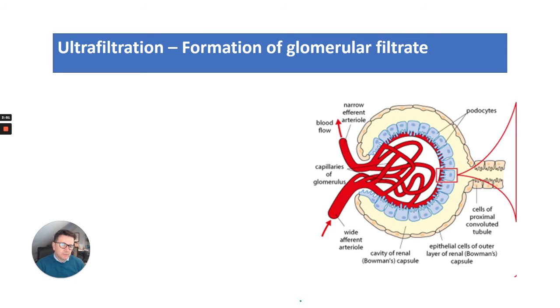the glomerular filtrate. So the glomerulus is the capillaries inside the Bowman's capsule or renal capsule, and you'll see there's two parts. So the blood is coming through the afferent arteriole and then back through the narrower efferent arteriole.